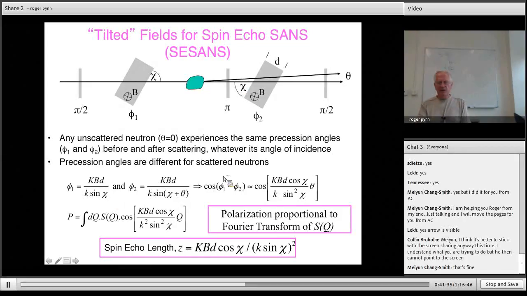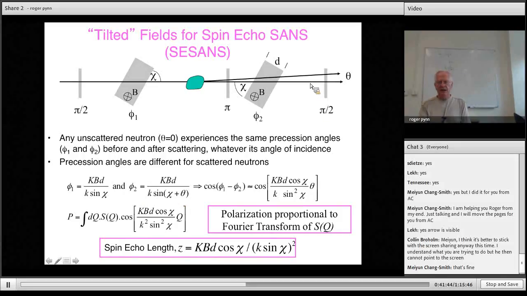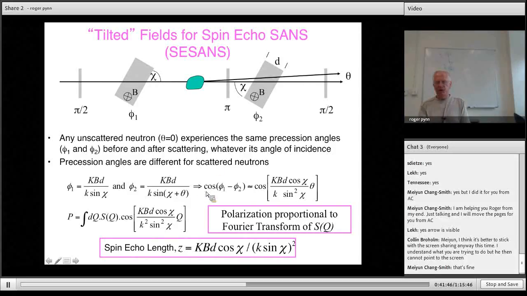Now, in the scattered beam, of course, the chi angle gets replaced by chi plus theta, where theta is the actual scattering angle. And remember that the polarization that I'm going to measure is just the cosine of the difference between these two.